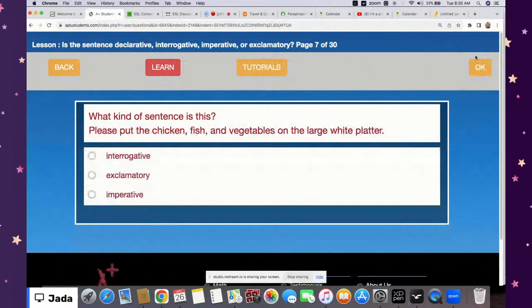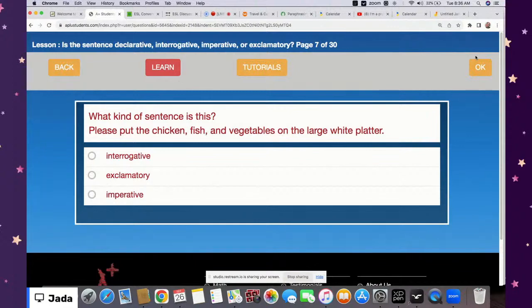So please put the chicken, fish, and vegetables on the large white platter. So what's this one? Okay. So what's this one? What are we gonna choose here?